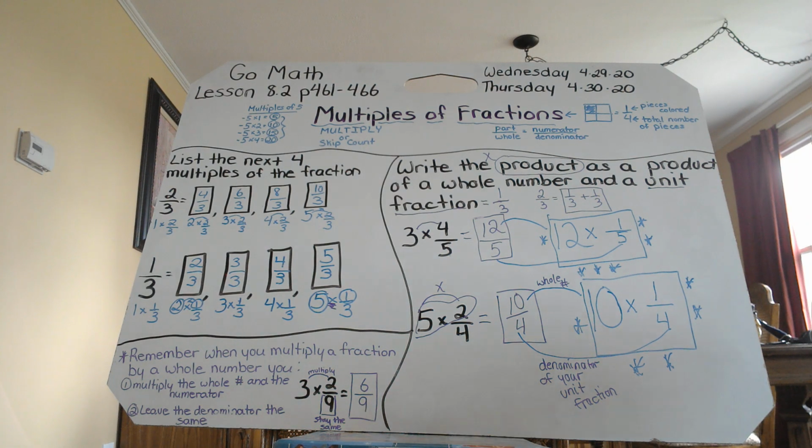All right, so ladies and gentlemen, your job for today is to look at your Go Math pages 461, 462, 463, and 464. Ooh, 464 looks pretty awesome. It's a word problem talking about gardening and asking you to solve some questions in that word problem.